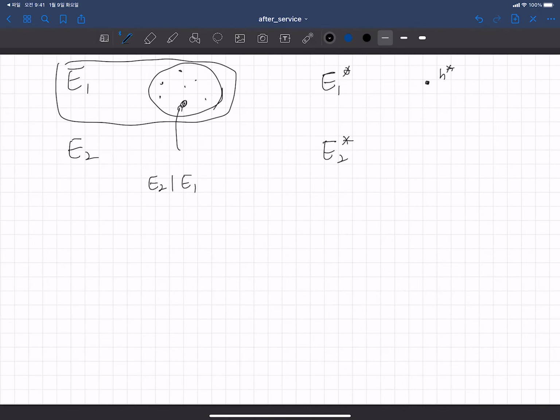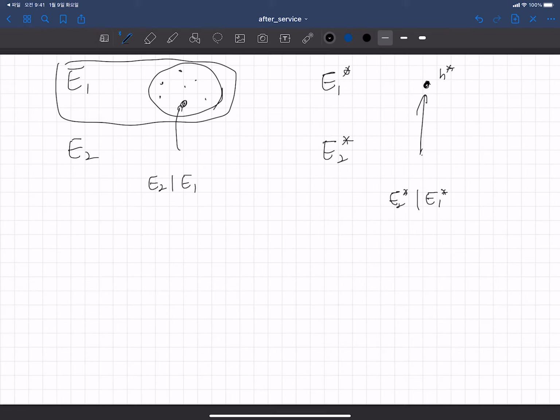E2 star given E1 star means this is true when this particular hypothesis H star is also true for the E2 star condition: the difference between training and test error is at most epsilon over 2 for the second part of the training data.